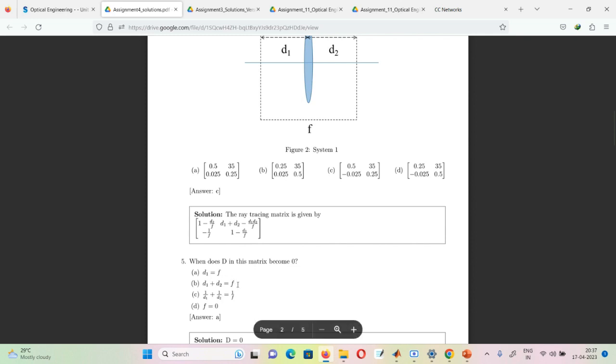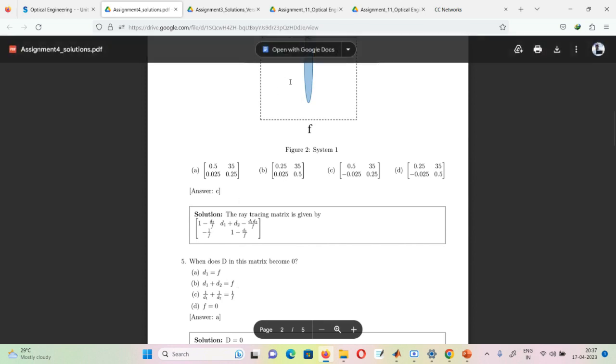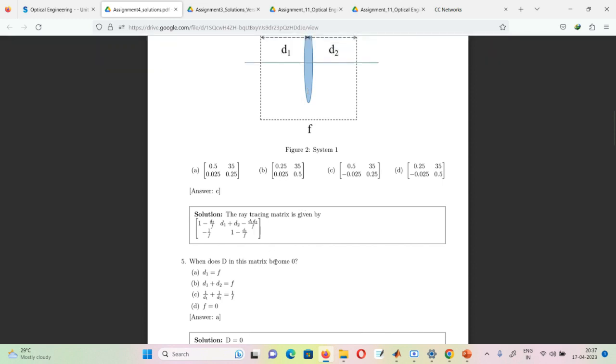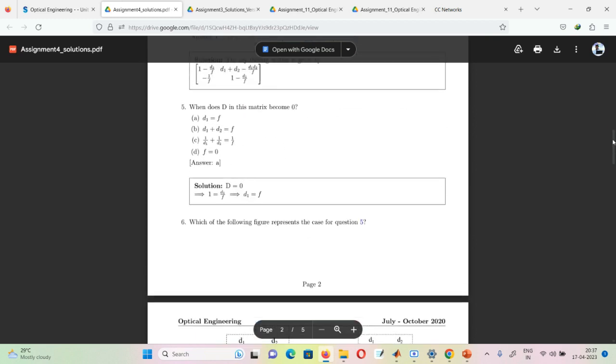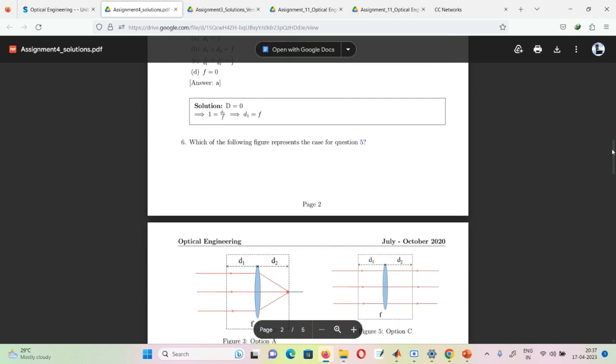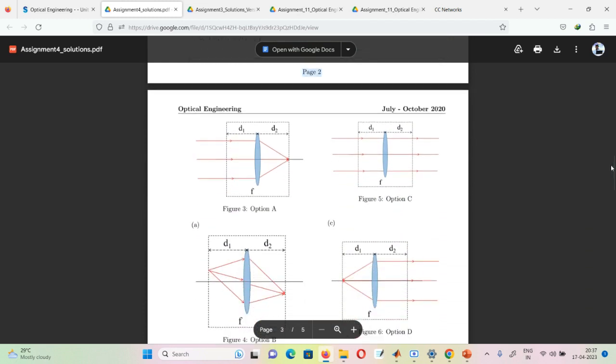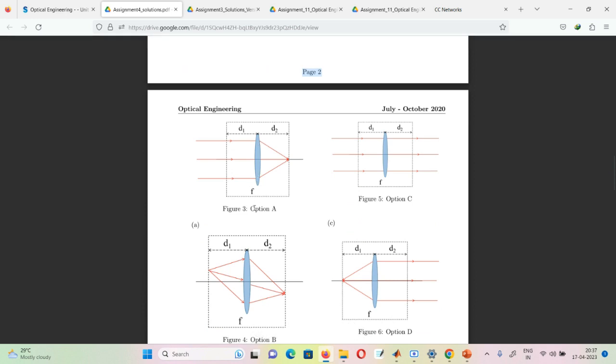So you are going to get a matrix for that particular system with a particular focal length, such that it will behave like a thin lens. If it is like a thin lens, what will happen? If it is a thin lens approximation, now you see, these are the properties. You are seeing one f here, and that one lens here.